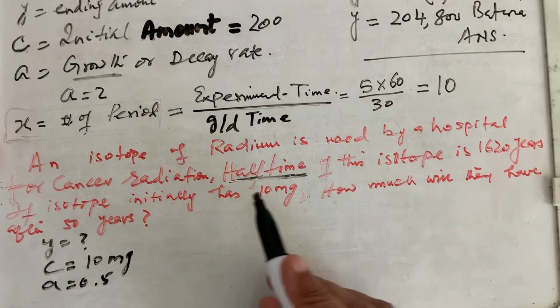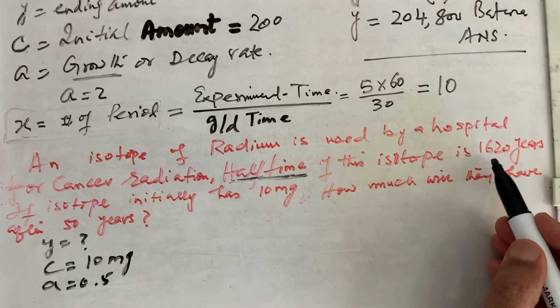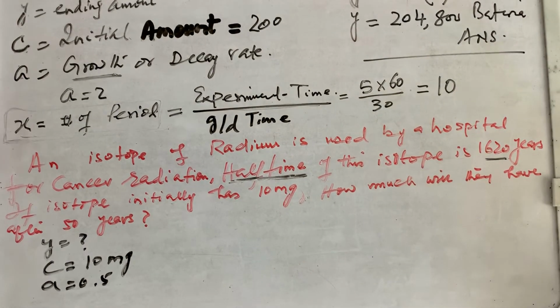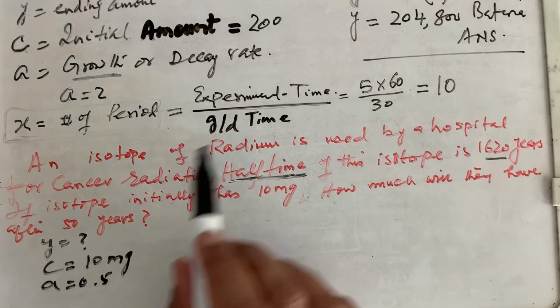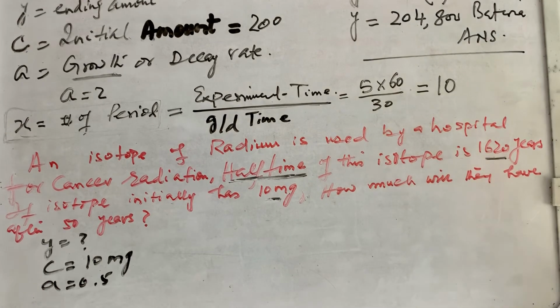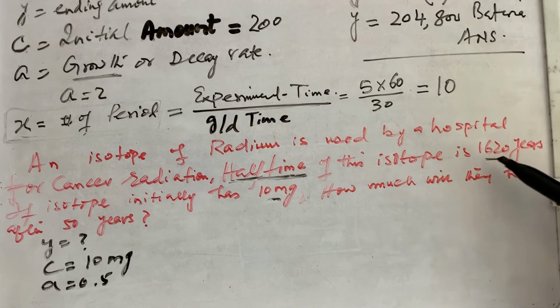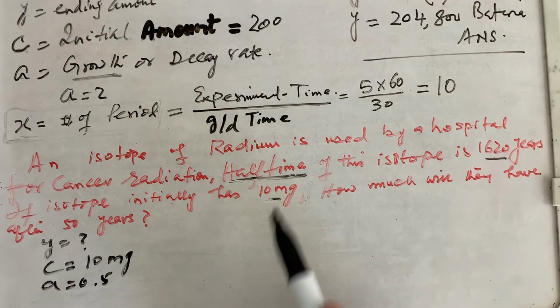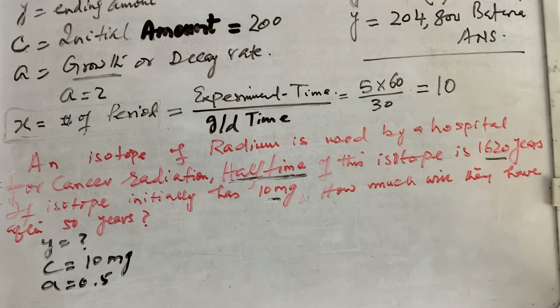If the half-life is 1620, one oral question can be asked: the hospital has initially 10 milligrams, how much will they have after 1620 years? Half-life, so 5 mg is straight away the answer, right?